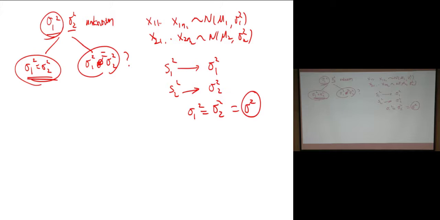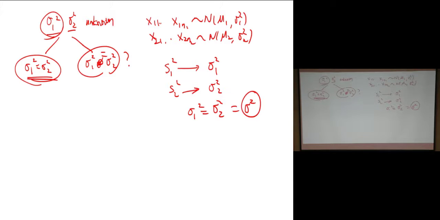Okay. In fact, the idea is very simple, right? You have S1 square, which estimates this one, and S2 square, which estimates it too. So one way is that I just take one of them. Another way is to combine these two. Take the average, for example. And of course, there's another way to do it.